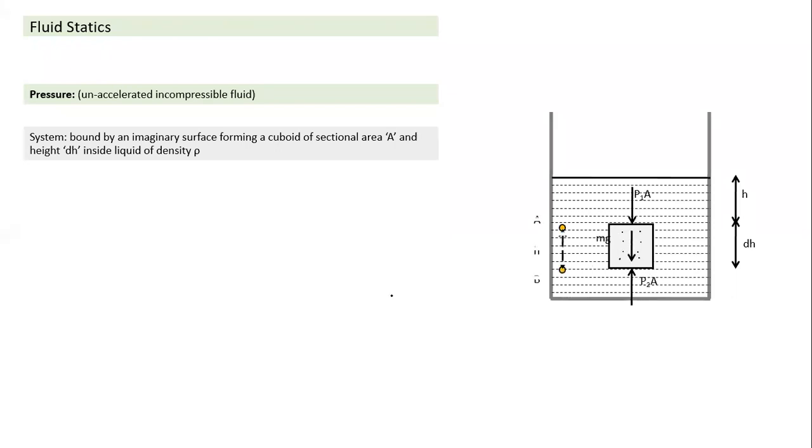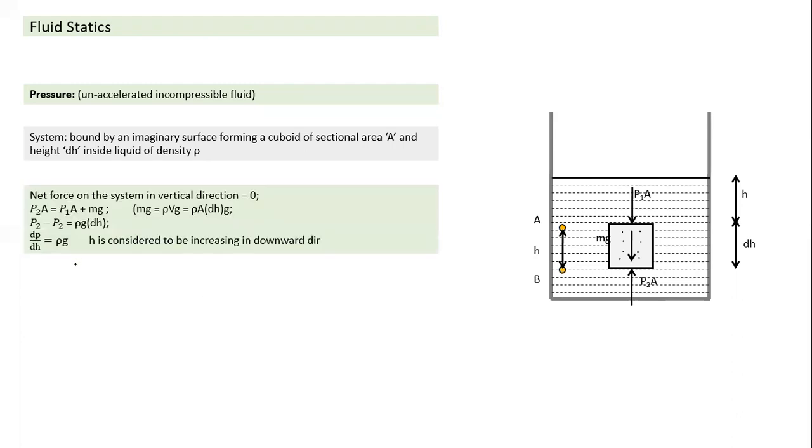When we calculate here, we arrive at the difference in pressure, delta P, equal to rho g h. Compared to this point, the pressure at a lower point is higher by rho g h, or the rate at which pressure changes, dP/dh, is equal to rho g, which is density into acceleration due to gravity. h is considered to be increasing in the downward direction.